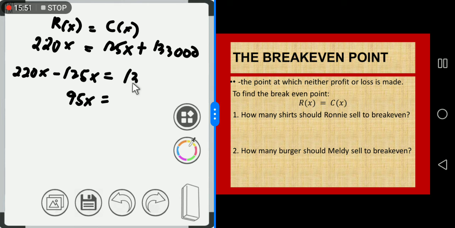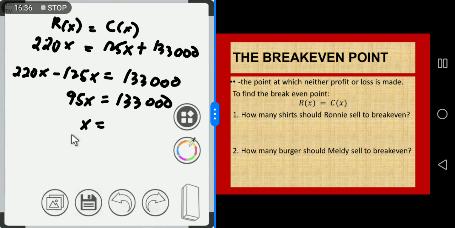Then, dividing both sides by 95, x will be equal to, ayan, let me use my calculator. Okay, so 133,000 divided by 95.